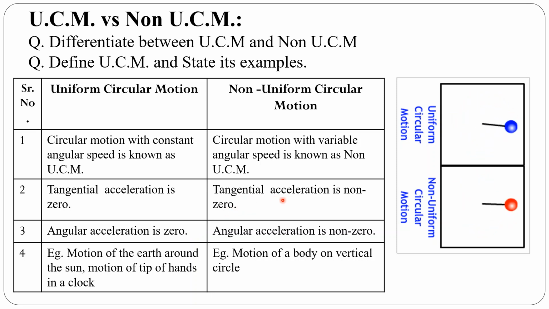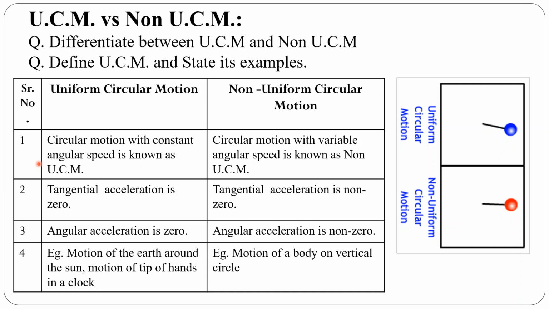Opposite to that, in non-uniform circular motion angular acceleration is non-zero, and therefore tangential acceleration is also non-zero, because we have variable angular speed. We get a rate of change of angular speed with respect to time, so angular acceleration is a non-zero value, and tangential acceleration is also a non-zero value.